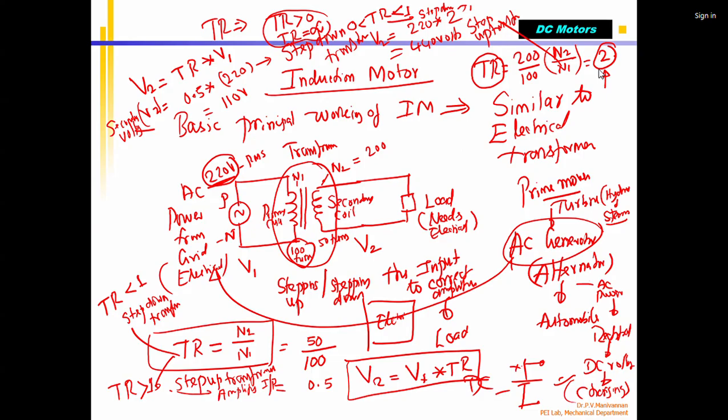So what did you understand? How does the transformer work basically? When I supply an AC voltage to my primary coil, this is my input voltage. For understanding purposes I say 100 volts, but in India we get 220 volts, or 440 volts if you have three phase.